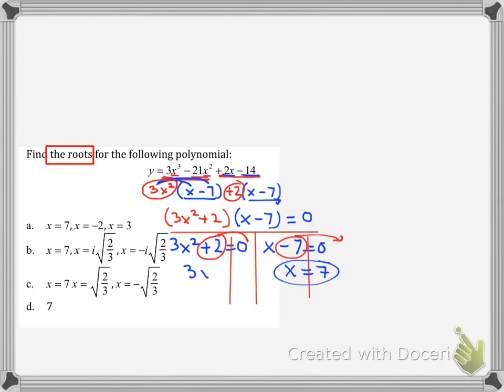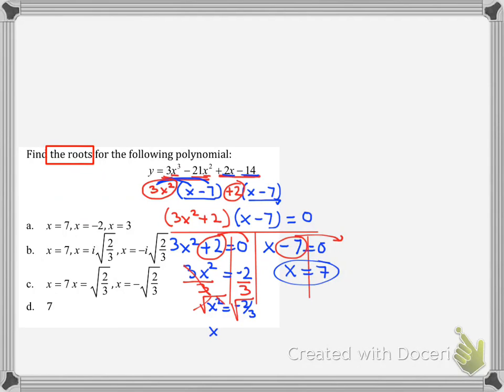So I have 3x squared equal to negative 2. I need to leave the x by itself, so I'm going to divide by 3 on both sides. The 3's cancel. So now I just have x squared equal to negative 2 over 3. In order to get rid of the square, I'm going to take the square root on both sides. The square and the square root cancel.